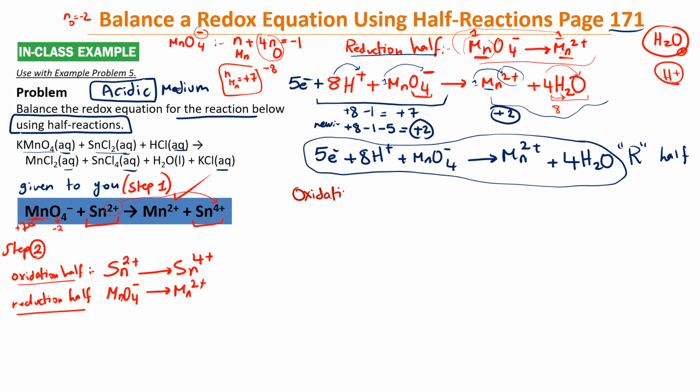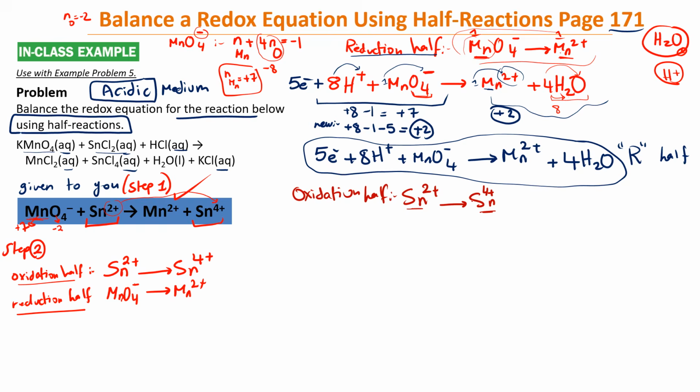The oxidation half is much easier, and you will see why. So the oxidation half was Sn²⁺ gives us Sn⁴⁺. So I have one Sn, one Sn. Okay, steps.